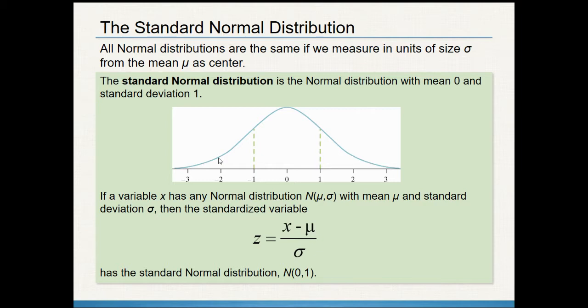We've seen that before. That looks like x minus the mean divided by the standard deviation. That looks like a z-score. It is. This z variable has the standard normal distribution, meaning that it has a mean of 0 and a standard deviation of 1.